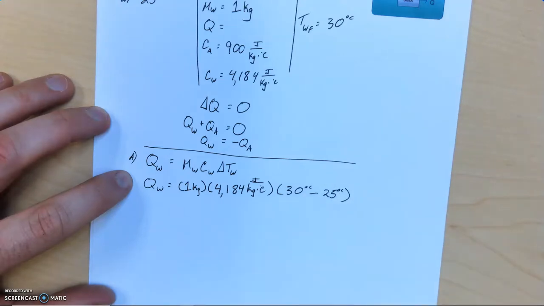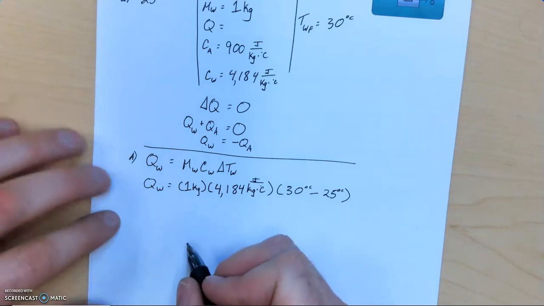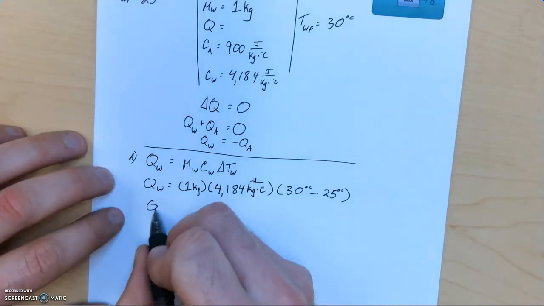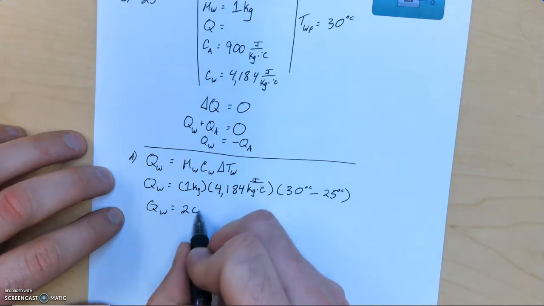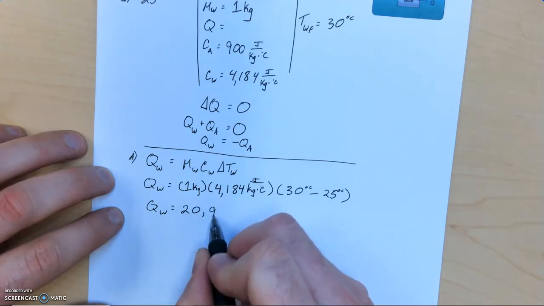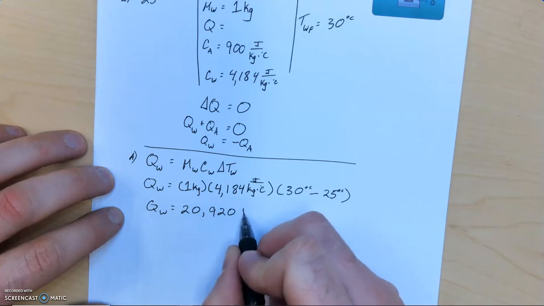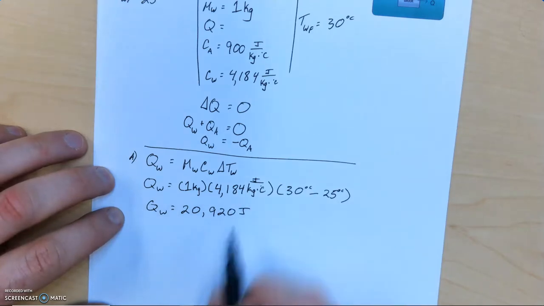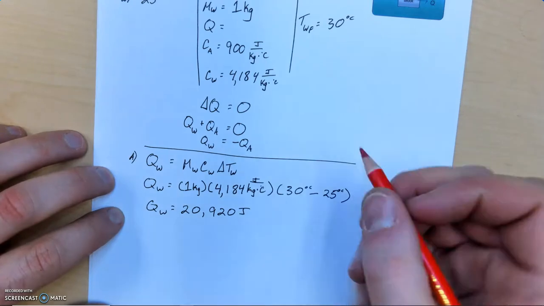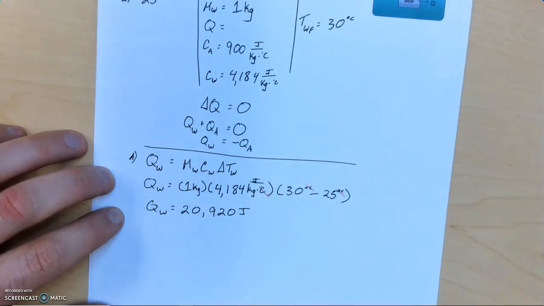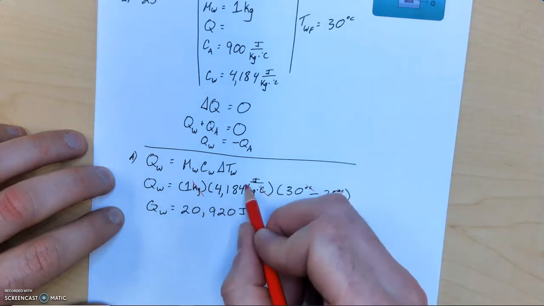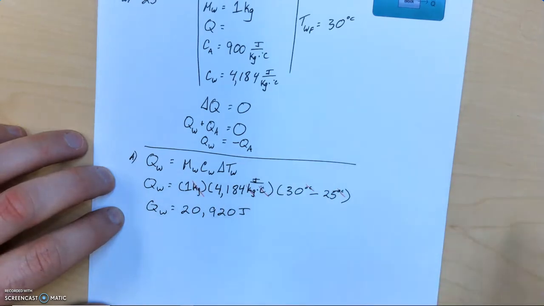So really, that's just going to end up being a 5. All right, multiply all that out. And the energy transfer of the water is going to be 20,920 joules. And how do we get joules? Well, if we look up here, our Celsius is up in the air, so those are going to cross out. Our kilograms are going to cross out, and that leaves us with our joules.